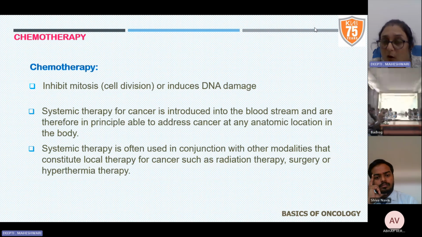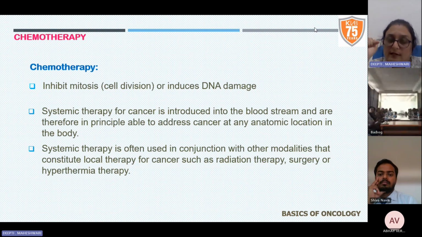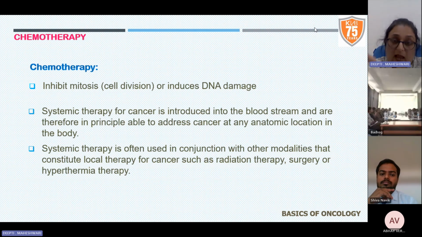It will be seen all across the body, right? But if you have chemotherapy which is loco-regional and is given only at the site where the tumor is, then the side effects will also be at that site itself. So the damage or the side effect will be less, whereas in systemic chemotherapy, the side effects will be more because it is reaching everywhere. So it can, of course, damage the cancer cells and it can also damage the normal cells.